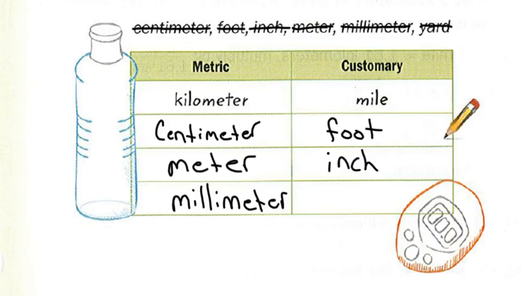And then lastly, yard obviously has to be customary. So you can already tell just by looking at it why the metric system is a little easier to comprehend. They all, for measurement of length, are based on this meter. They just change the prefix, whereas in our customary, we use completely different words for every single measurement.